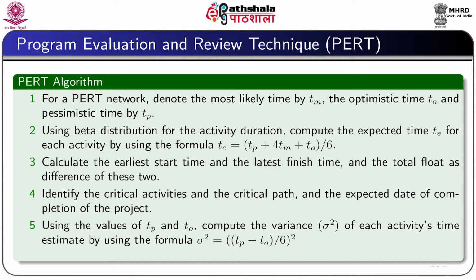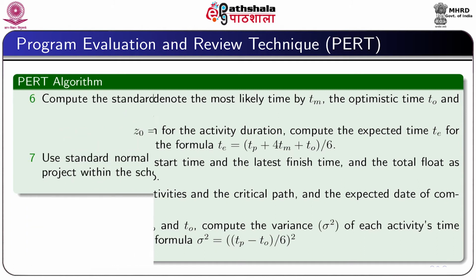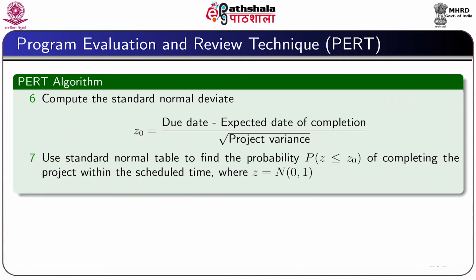Using the values of Tp and To, we compute the variance of each activity's time estimate by using the formula sigma square equal to ((Tp minus To) by 6) whole square. We then compute the standard normal deviate Z0 is equal to due date minus expected date of completion divided by root over project variance.